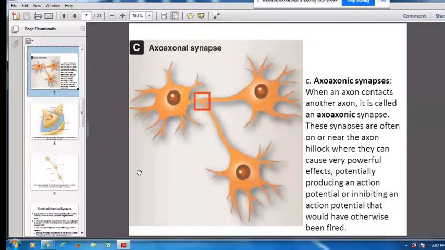So the types of synapses we discussed are axon and dendrite, axodendritic, the most common in the CNS; axon and soma, that is axosomatic; then axon and another axon, that is axoaxonal synapse.